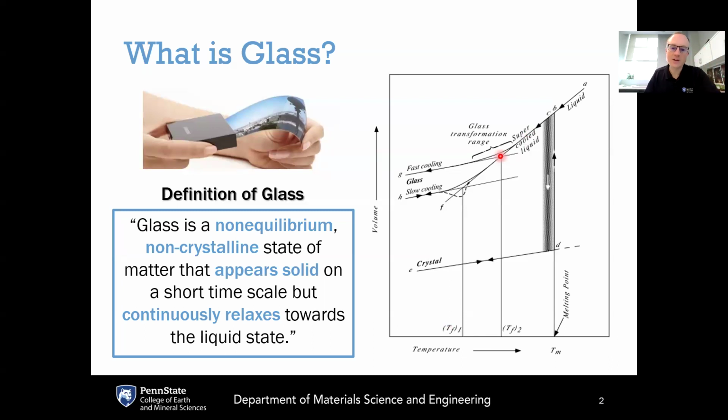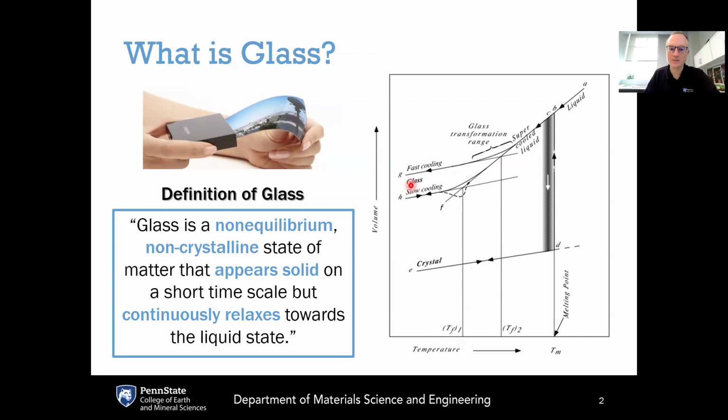So for a fast-cooled system, that happens at a higher temperature compared to a slow-cooled system. As a result, the fictive temperature of the fast-cooled glass, TF2, is higher than the fictive temperature of the slow-cooled glass. And this difference of fictive temperature is what explains the differences in the volume between the fast-cooled glass and the slow-cooled glass.